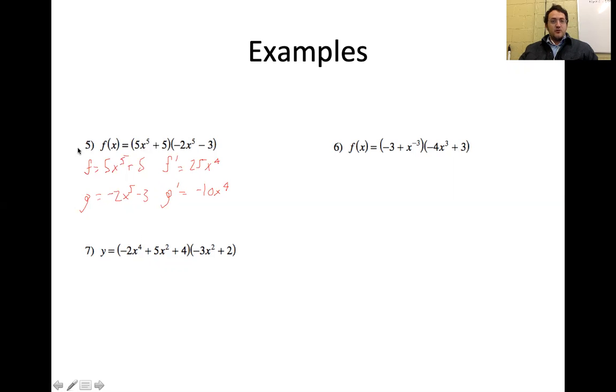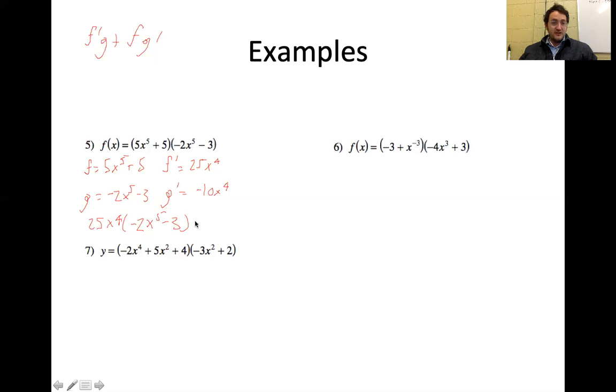And I write my formula, maybe I write f prime g plus f g prime. I even write that on the top, and then I just set it right up. So I have f prime, which is 25x to the fourth, times negative 2x to the fifth minus 3.